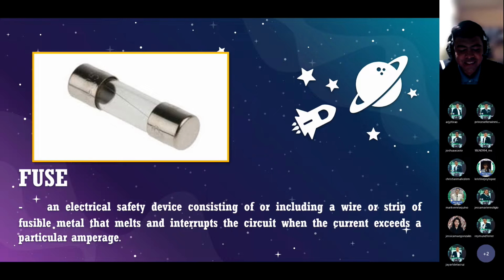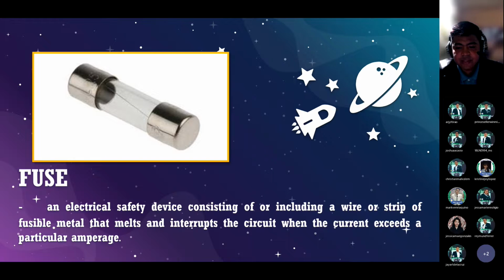Fuse is an electrical safety device consisting of or including a wire or strip of fusible metal that melts and interrupts the circuit when the current exceeds a particular amperage. So, in electronics and electrical courses, a fuse is an electrical safety device that operates to provide overcurrent protection of an electrical circuit.